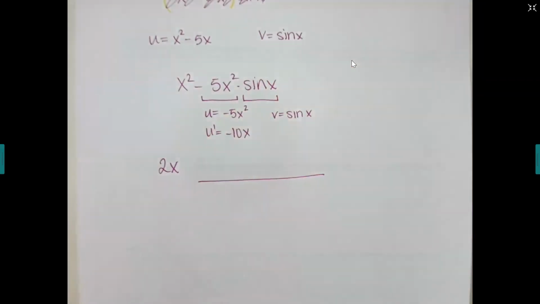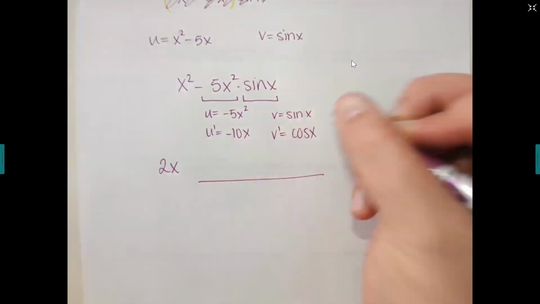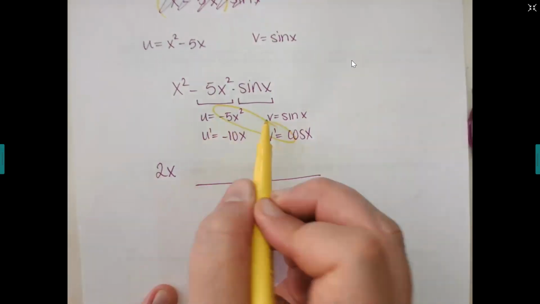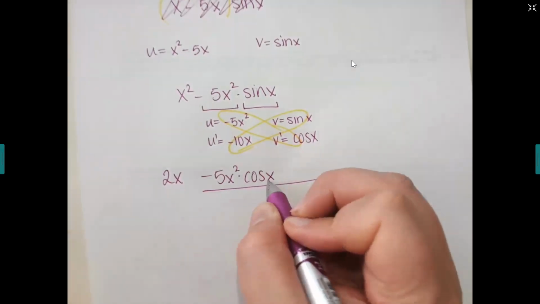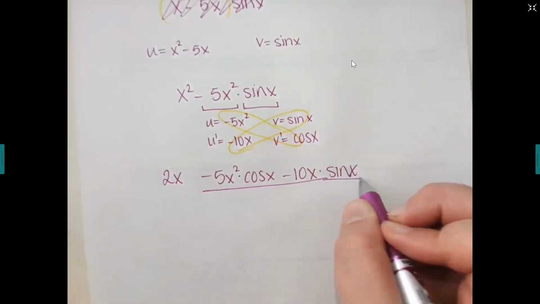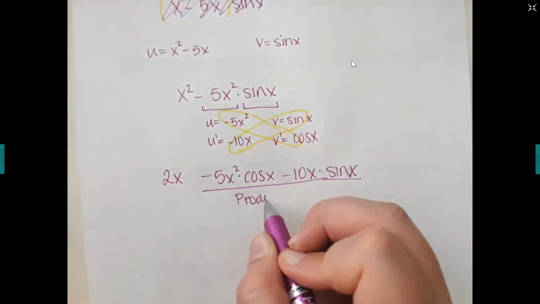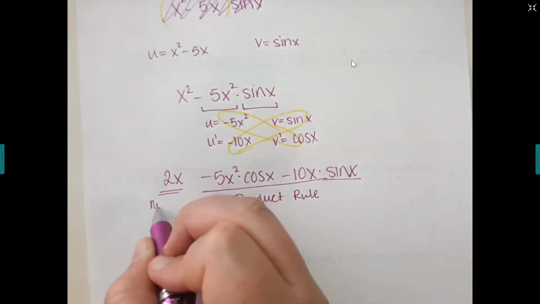Notice I'm including the subtraction in the first part of my product. What's the derivative of sine x? Cosine x. So then it's going to be u v prime plus v u prime: minus 5x squared cosine x minus 10x sine x. This is the part that's a product rule, but your 2x is not part of the product.